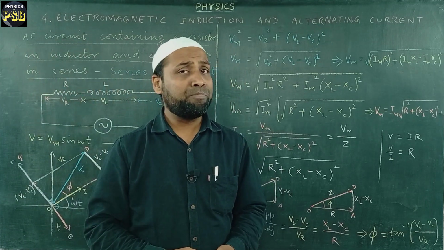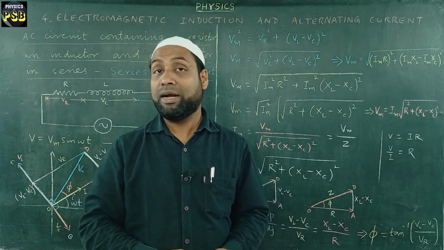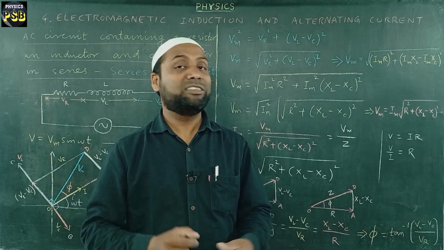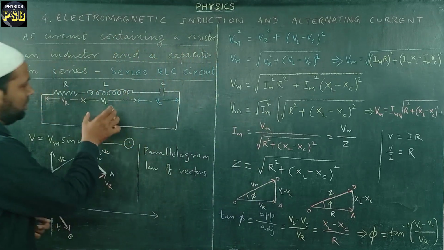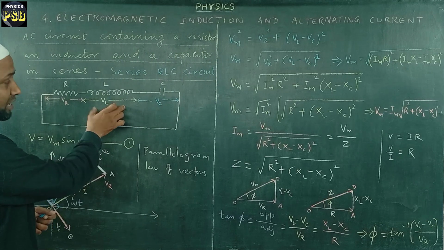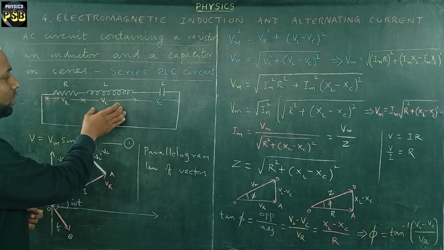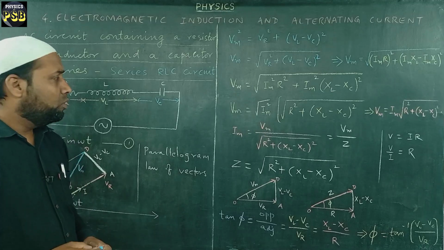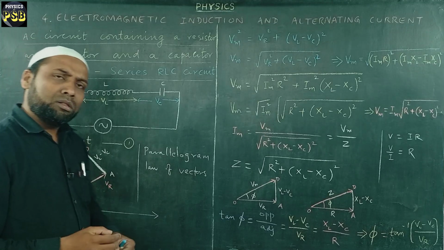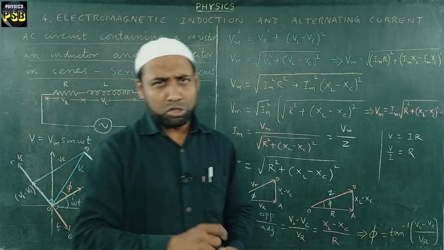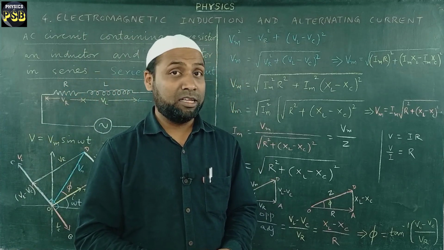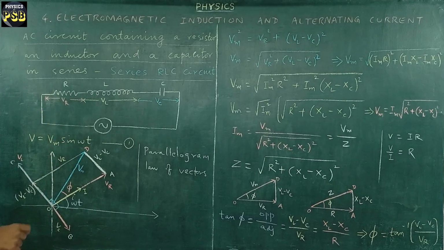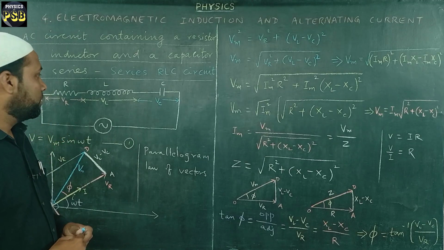Reactance is nothing but the opposition to the flow of current by a component other than a resistor. An inductor is nothing but a coil. When a coil or capacitor opposes the flow of current, the opposition is referred to as reactance, whereas the opposition to the flow of current by a resistor is referred to as resistance.